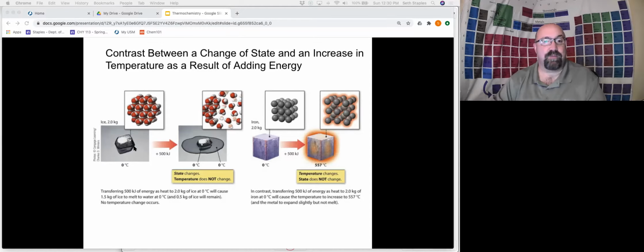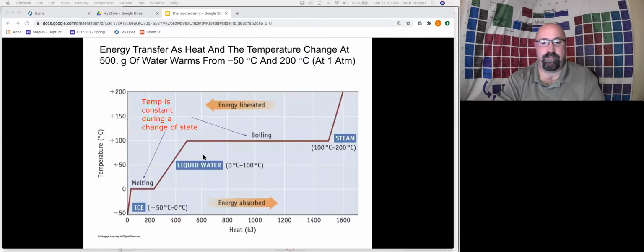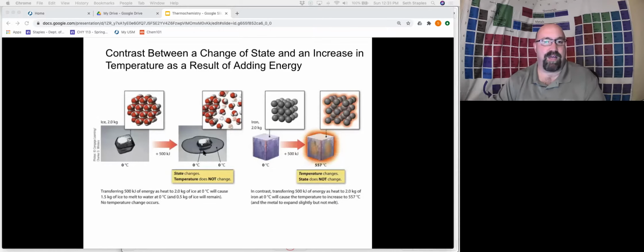All of the energy will go into melting the ice, and we'll be left with a little bit of the ice left over, about half a kilogram. Both the solid and the liquid are at the same temperature. Like I said, that temperature isn't actually changing. All of the energy is simply going into melting the solid.